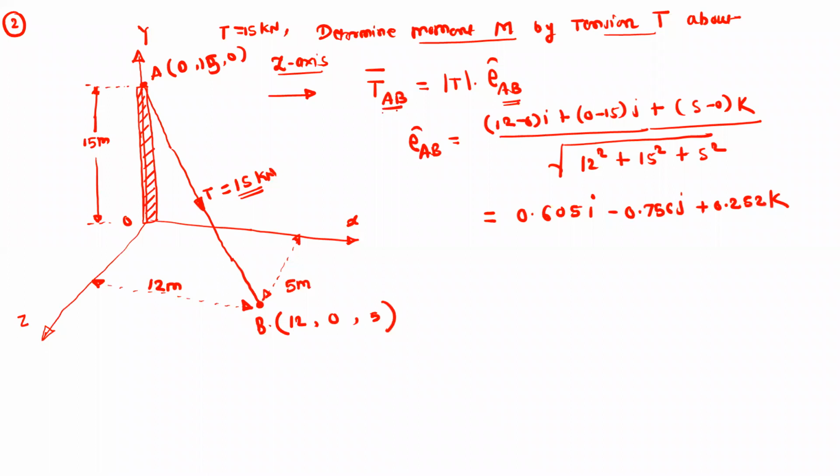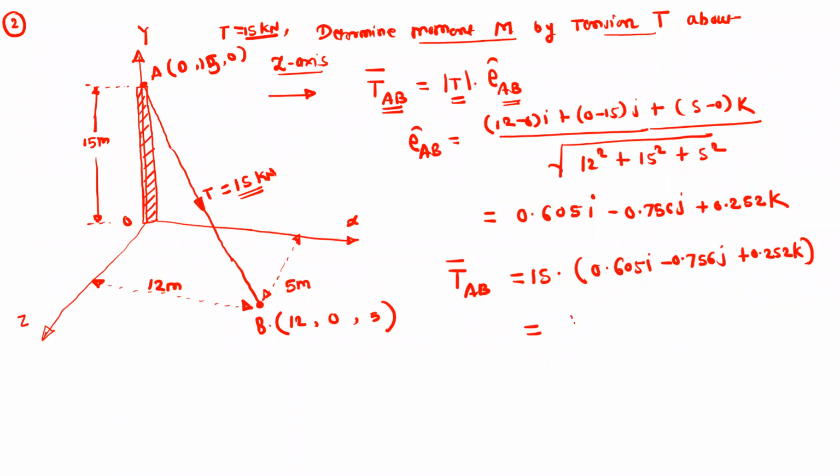Now find the tension. Mod T is given, equal to 15 kilonewton. So 15 into this unit vector.